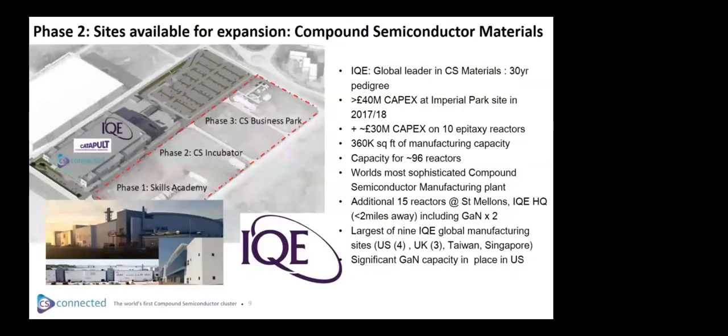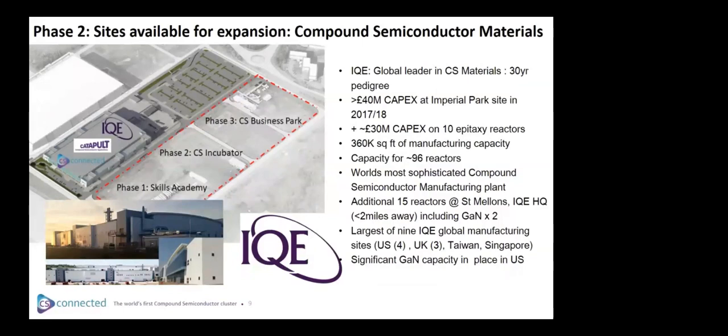In terms of phase 2, scale up to volume, we have several sites available for expansion. As mentioned, IQE has already invested 40 million in a site in Imperial Park in Newport and deployed 10 epitaxy reactors in a facility which is 360,000 square foot and has capacity for 96 reactors.